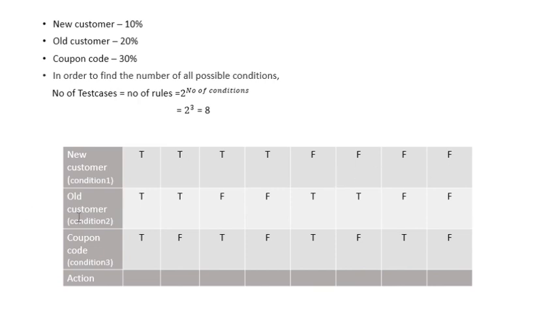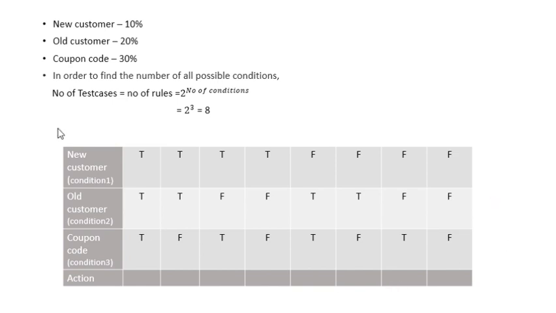Coming to the second row, in the first 2 columns we have to give true and the second 2 columns false, and so on. Coming to the third row, the first column is true, the second column is false and so on. Since we have 3 conditions, we have to give true and false in such a way. We'll understand more about giving true and false in a tabular column in my next example.